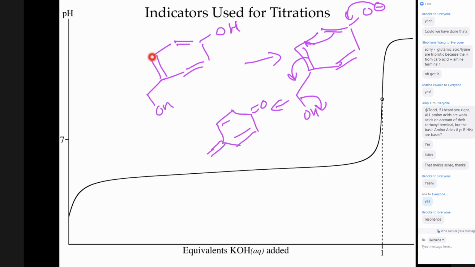Did the conjugation increase when I took this proton off and it kicked across? Did it go from 3 pi bonds to now 4 pi bonds? Did the conjugation change? How many agree, 3 pi bonds compared to 4 pi bonds? Is that different conjugation, different resonance?